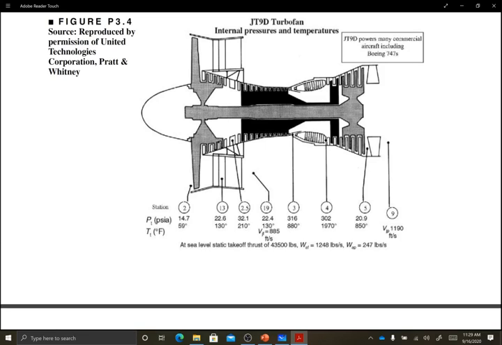So 316 over 14.7. 21.5, that's correct. So whenever you heard the overall pressure ratio, did I say pressure after turbine?